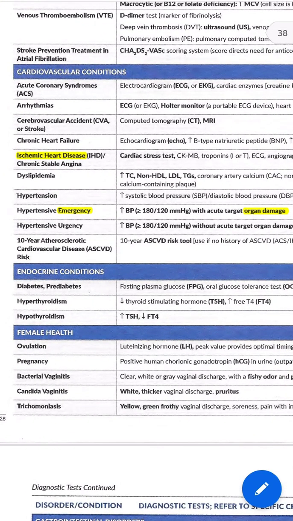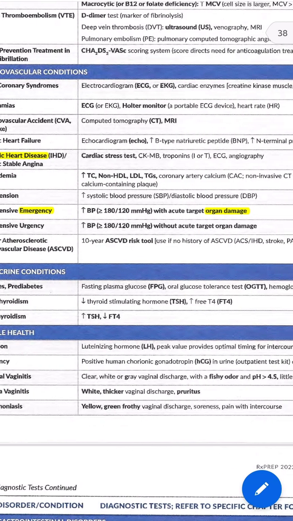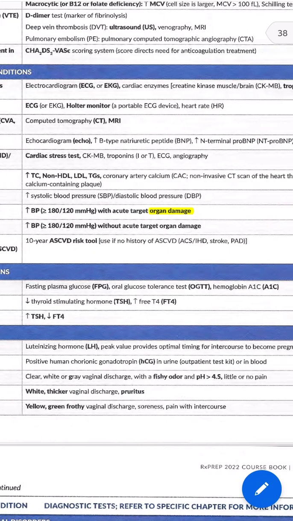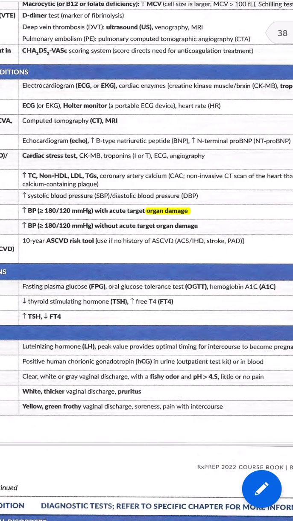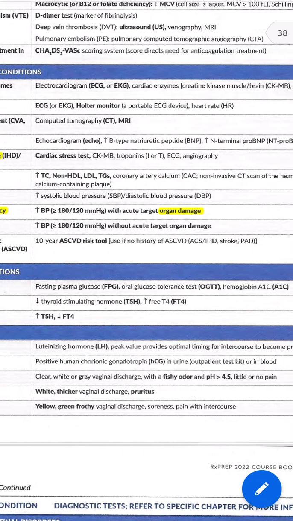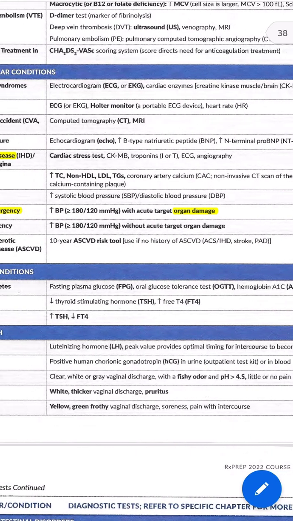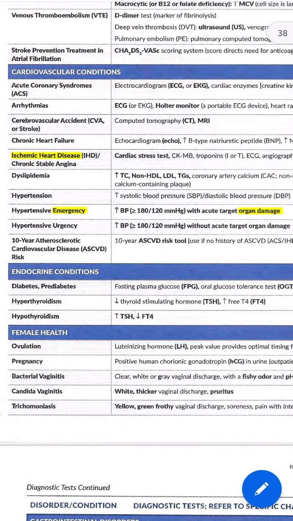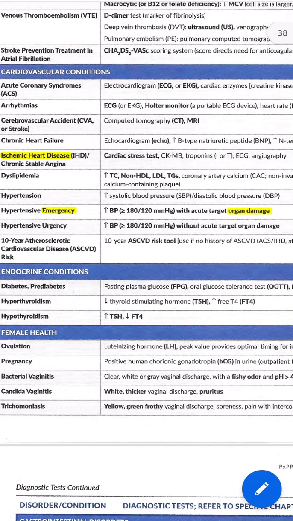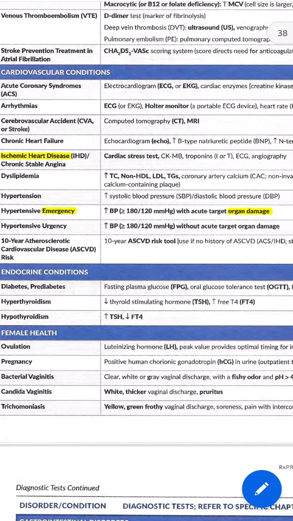Endocrine conditions. For diabetes or prediabetes, you use fasting plasma glucose or oral glucose tolerance test, OGTT, or hemoglobin A1C. For thyroid conditions, you're using TSH or free T4.